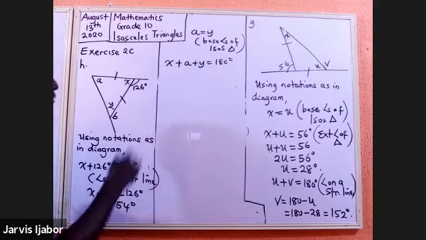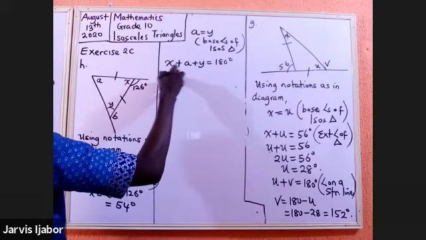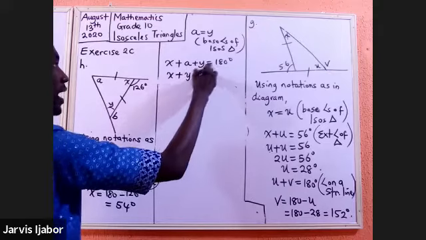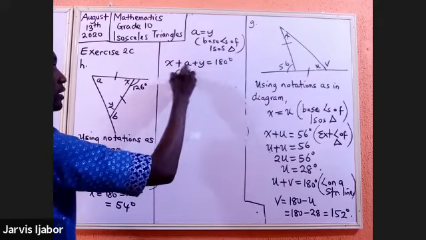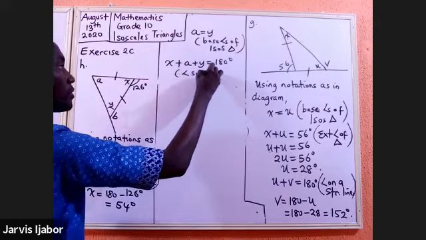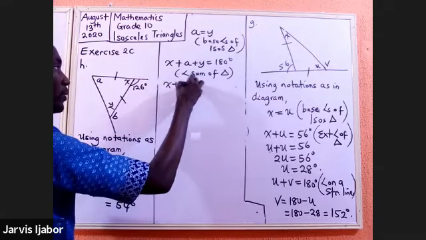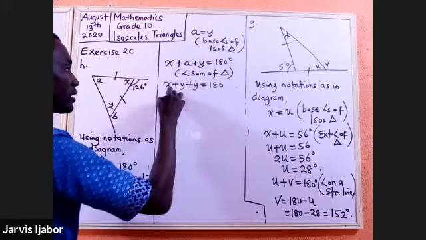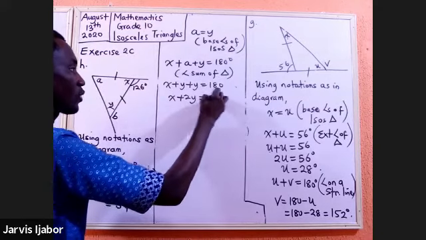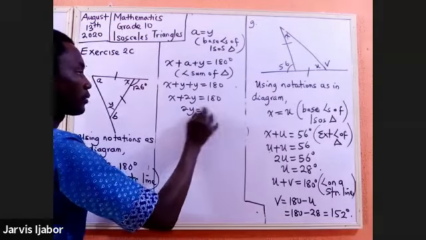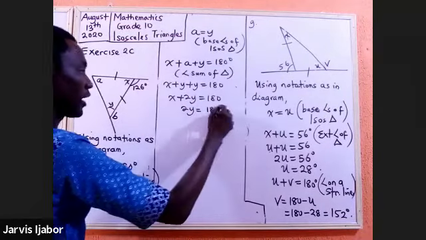So what that means is that X plus Y plus Y. Okay, I didn't state the reason. Angle sum of triangle. So X plus 2Y is equal to 180. 2Y is equal to 180 minus X.